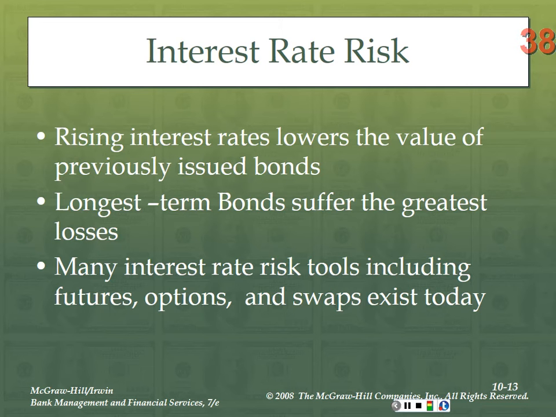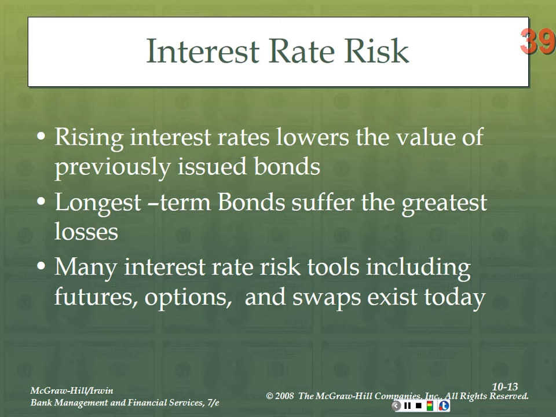Now, also you learn that when it comes to interest rate risk, the longest term bonds suffer the greatest losses. So if you've got a 25-year bond, and interest rates change, it's going to have a larger effect percentage-wise on the price than would, say, a 5-year bond. Banks realize this.